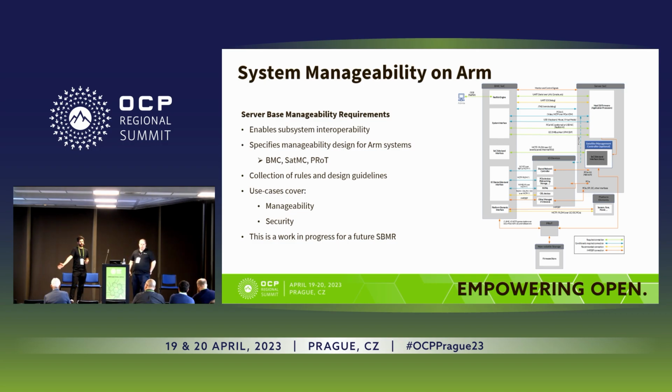It shows there the BMC, the server SoC, the satellite MC, and maybe I should call out that the satellite MC is very particular to SBMR. It's just trying to mediate the communication between the host SoC and the BMC to try to prevent any possible attack that the SoC may mount in its interaction with the BMC.